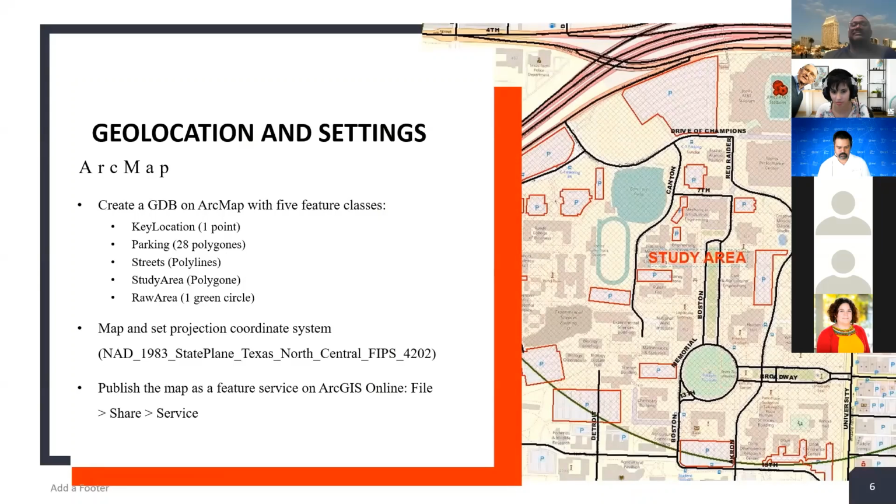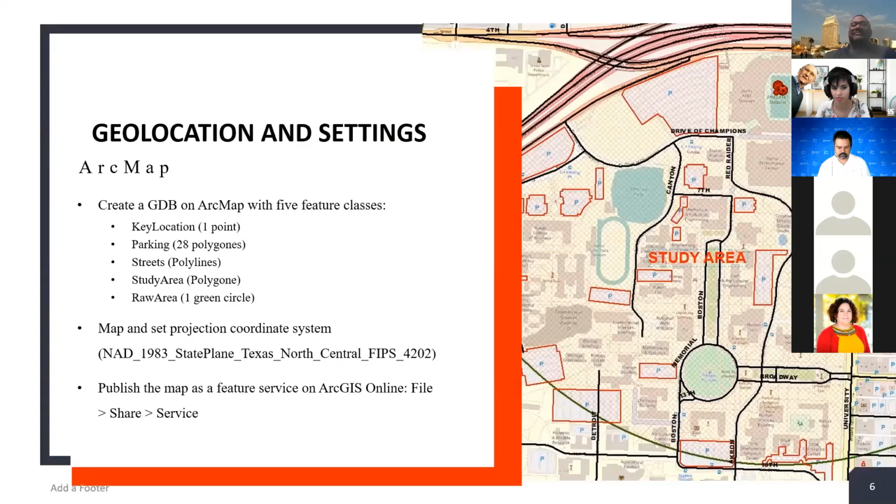I used the editing tool to create my features. I created my point feature for the key location feature class. And I also applied the buffer to create my study area feature class and my rural area feature class.